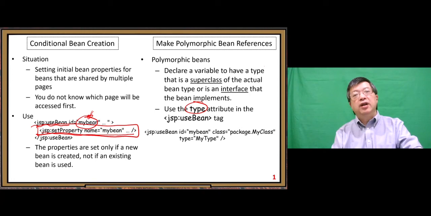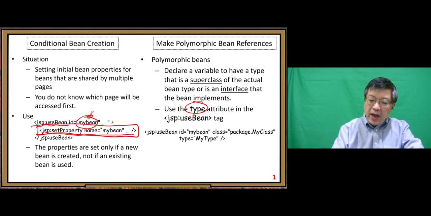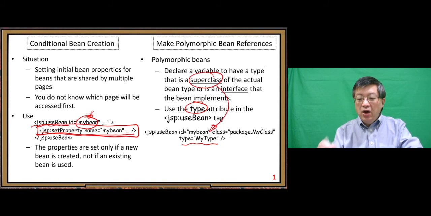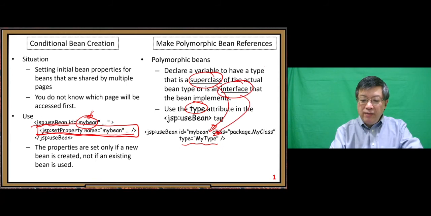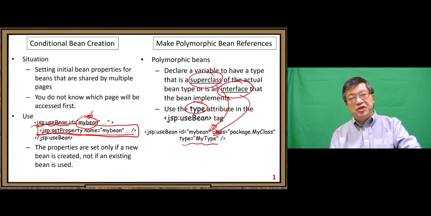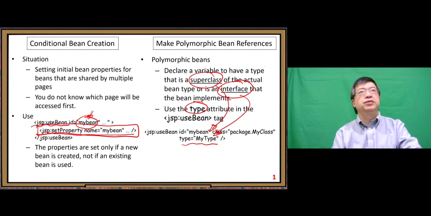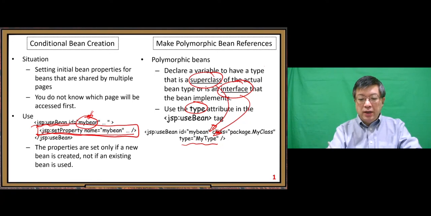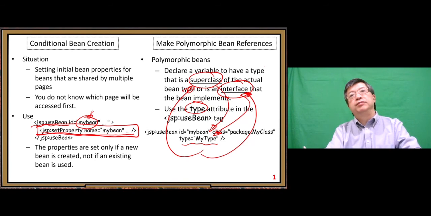You specify the concrete class name path. Then for the type, you use the superclass class A, or you use the interface name here, as the value of the type attribute. After that, this bean, after it is created, can be used as an object of the superclass or an object of that interface.